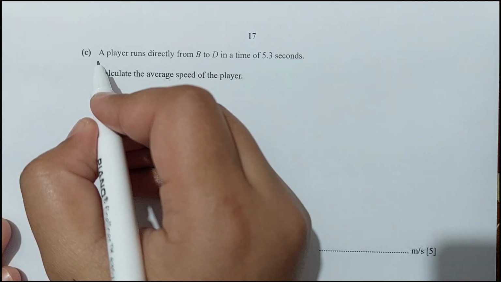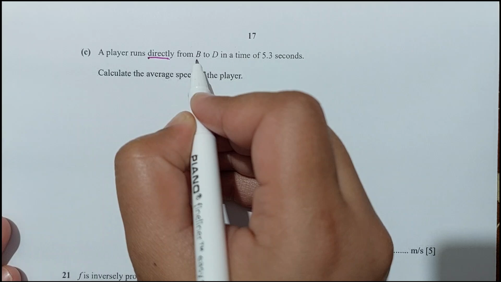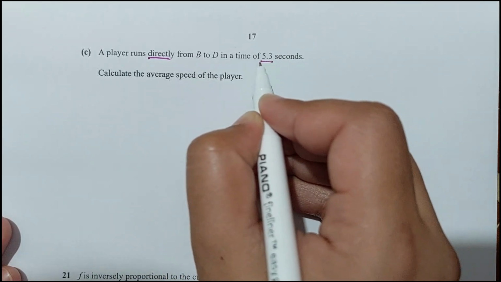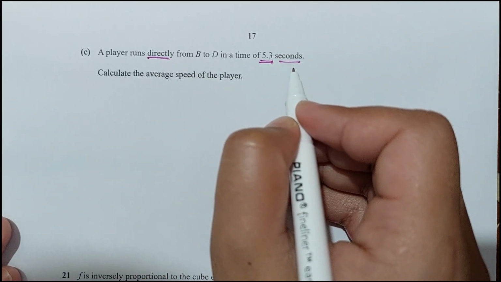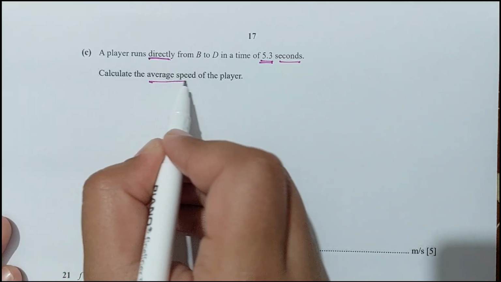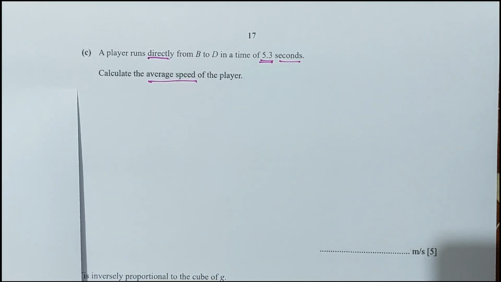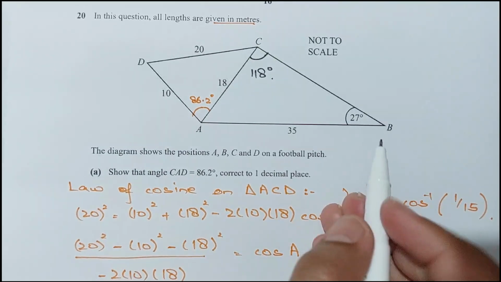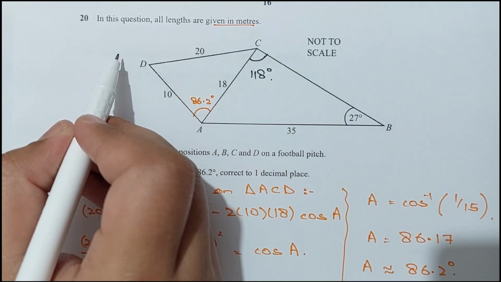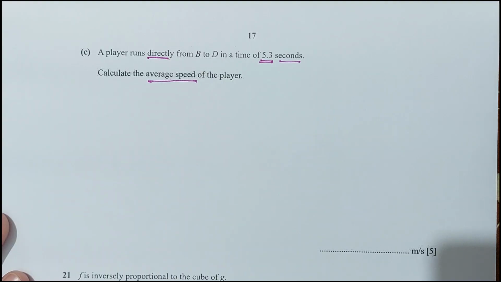Now for part C, a player runs directly from B to D in a time of 5.3 seconds. Calculate the average speed of the player. He runs directly from B to D, and the time it takes is 5.3 seconds.